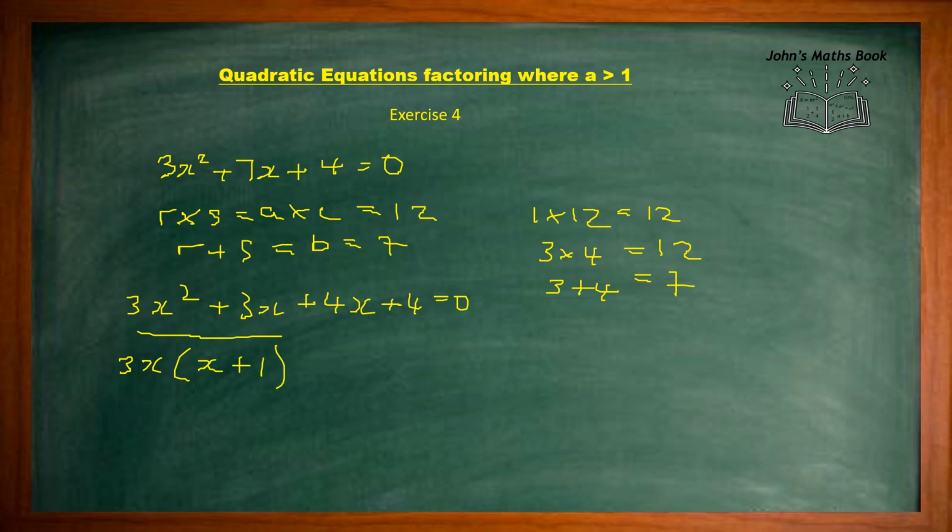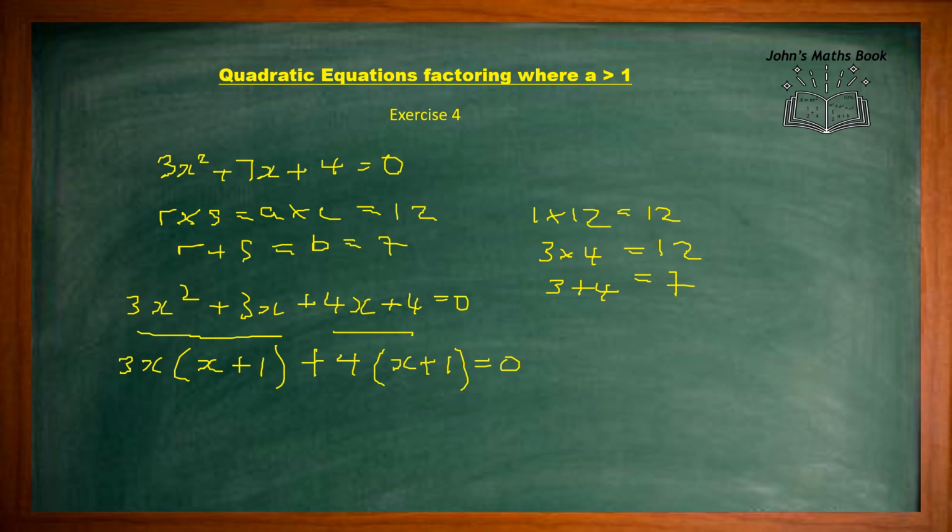And then in the second part of the expression, we can say that is the same as 4 multiplied into x plus 1. That equals 0. Don't forget the plus.